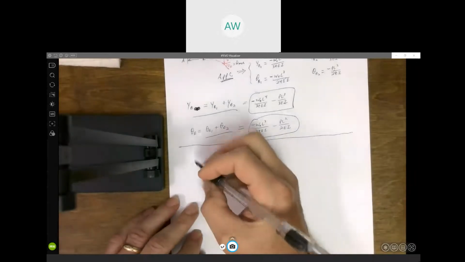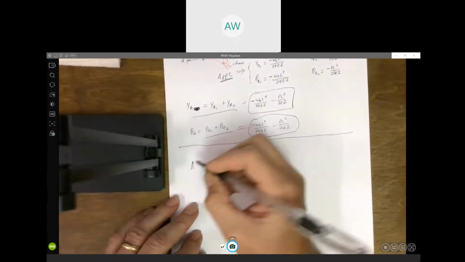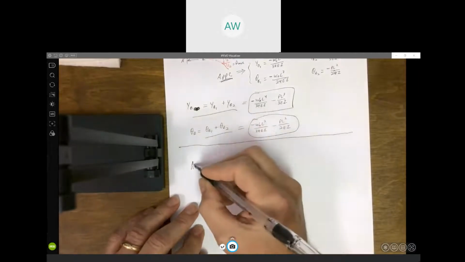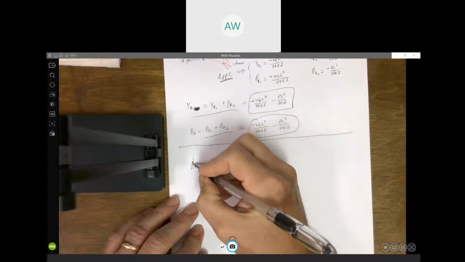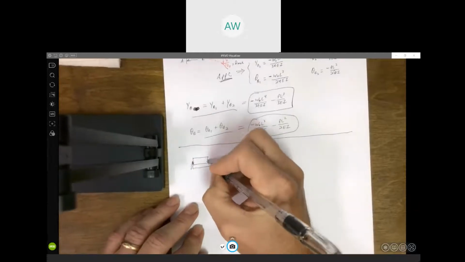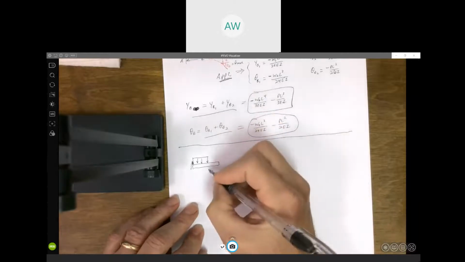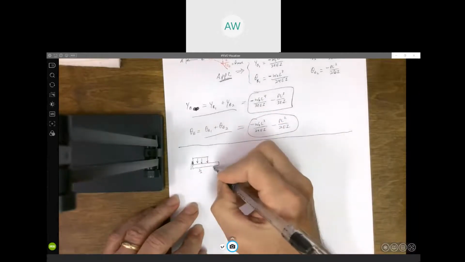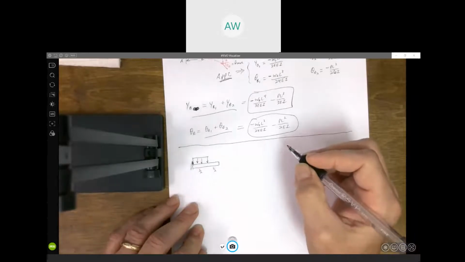For example, looking at my table, this one's in the table, where we've got a distributed load that's acting over half of the beam.